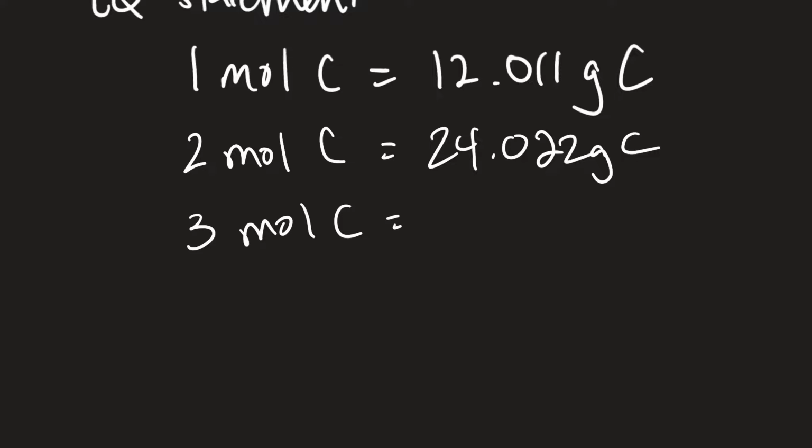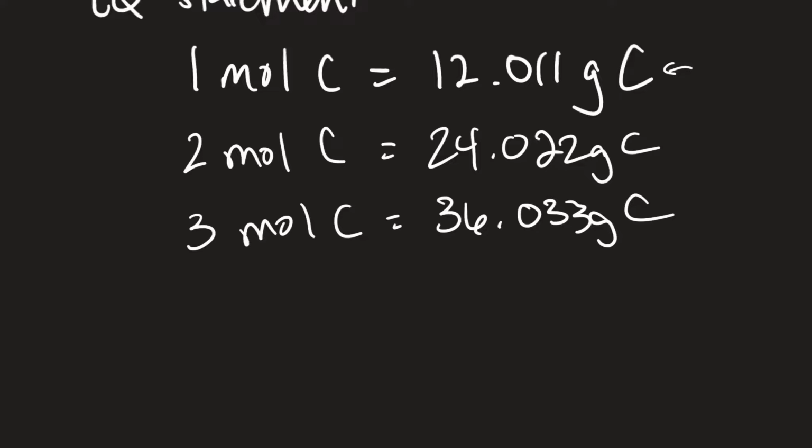Well, you multiply all this by 3 essentially, and you get 36.033 grams of carbon. That's the relationship, because we know that if we only have 1 mole of carbon, its mass is 12.011 grams. And that's the ratio. So whatever we multiply the number of moles by, we multiply the grams by that same number as well.